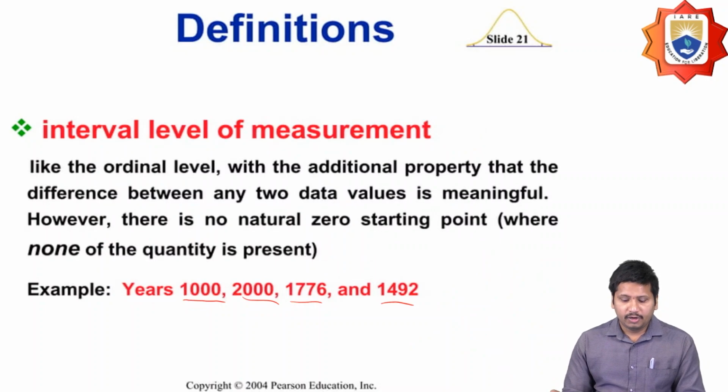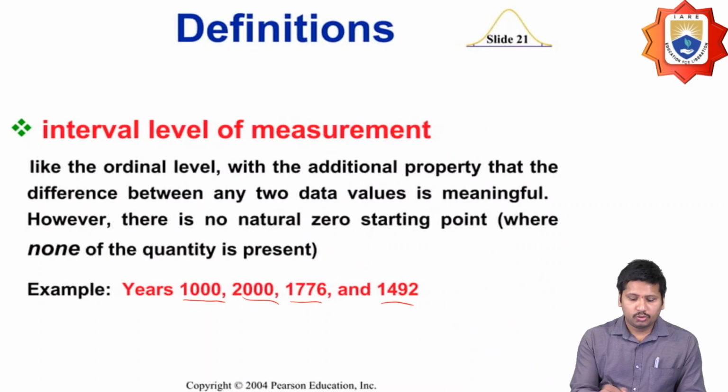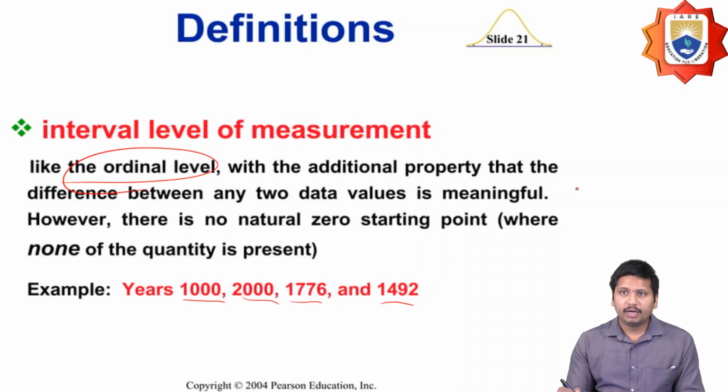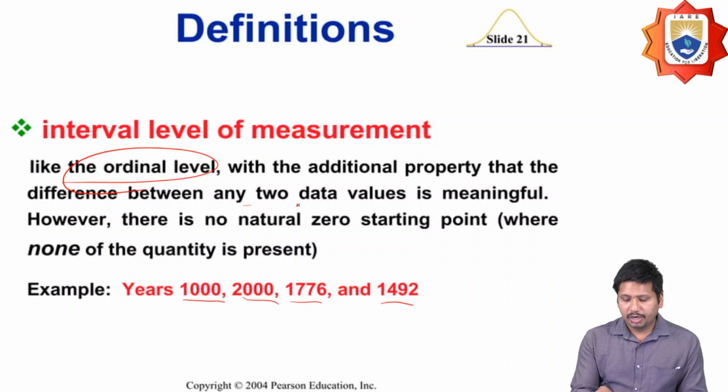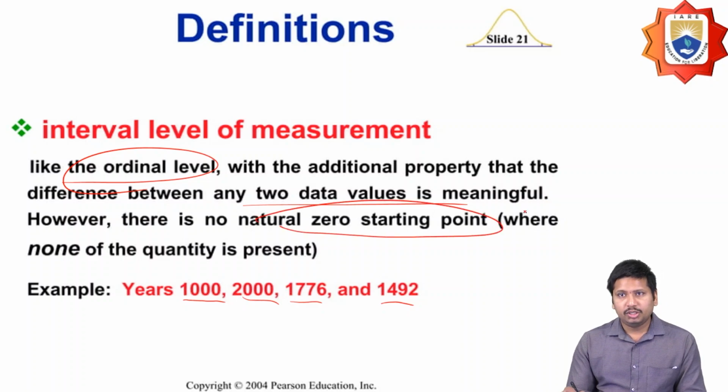And interval level. So interval level is also similar to the ordinal level, but with an additional property: the difference between any two data values should be meaningful. However, there should not be any natural 0 point. An example is years, so a year does not start with 0, right?